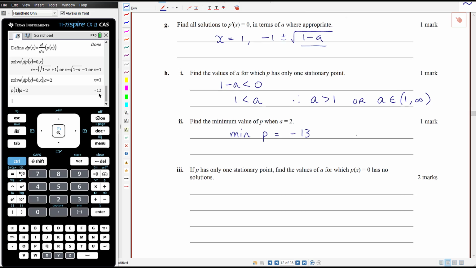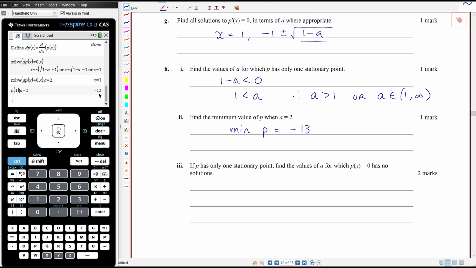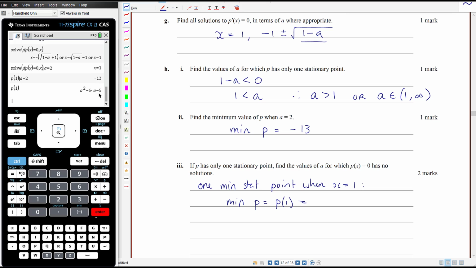Okay, so let's have a think about what's the minimum value of p. So if we have only 1 stationary point, we have 1 minimum stationary point when x is equal to 1, and so that means that min p is p of 1, which without substituting a equals 2 into it is that.